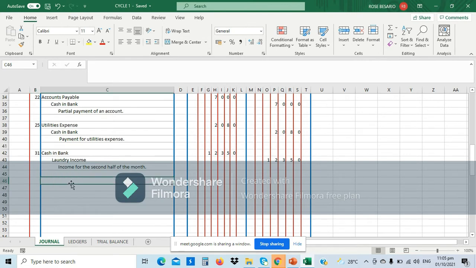Another transaction for May 31 is paid salaries of the part-time assistant, 7,400. So this is salaries expense for 7,400.